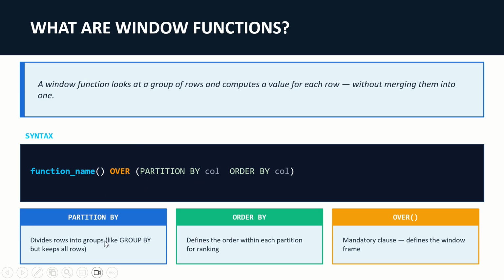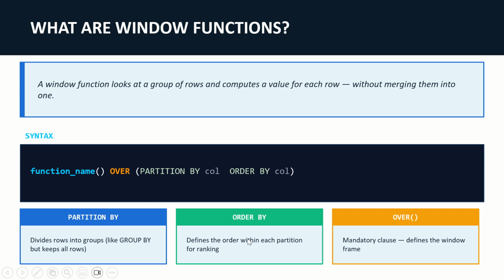It divides rows into groups, but unlike GROUP BY, which only provides the aggregated sum for the particular column, a window function keeps all the rows intact even in the final outcome. None of the rows will be lost during the SQL query. This is one of the important features of window functions.